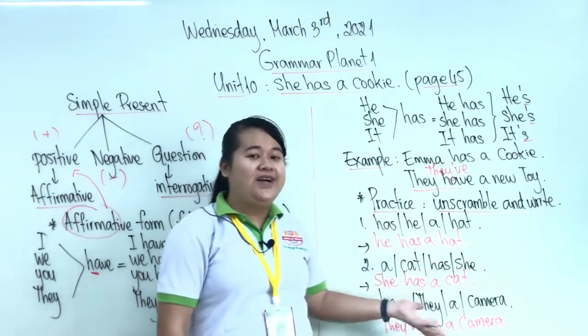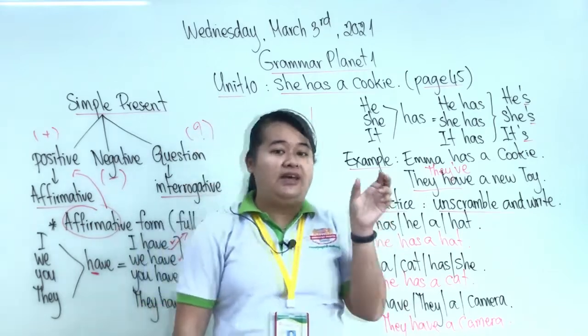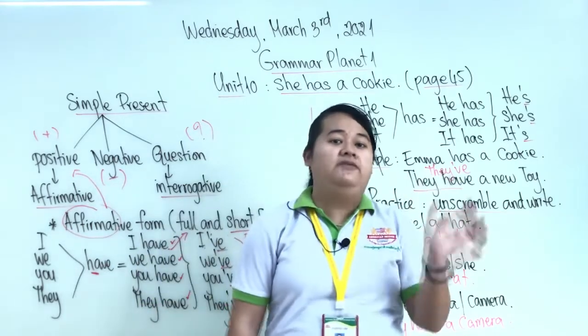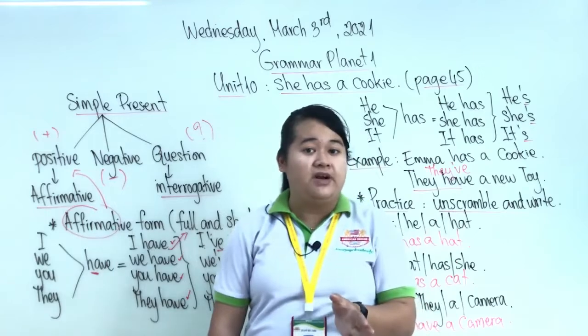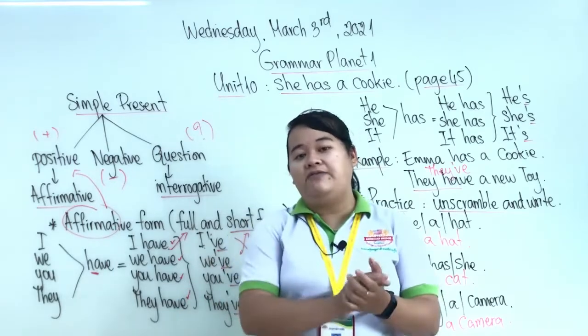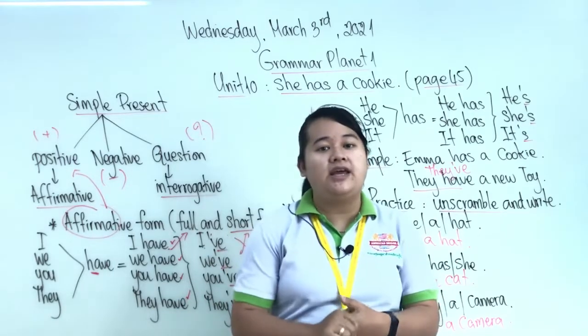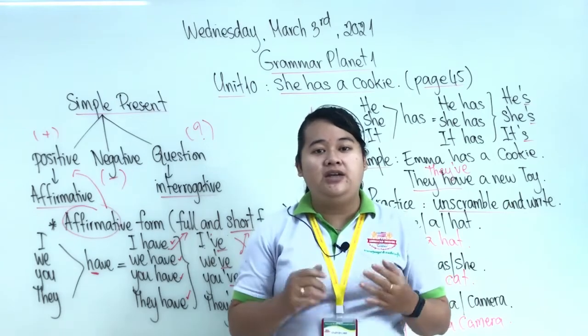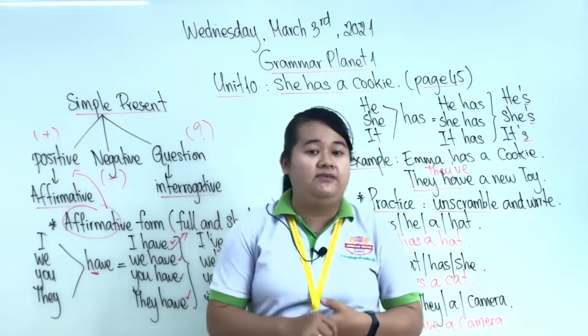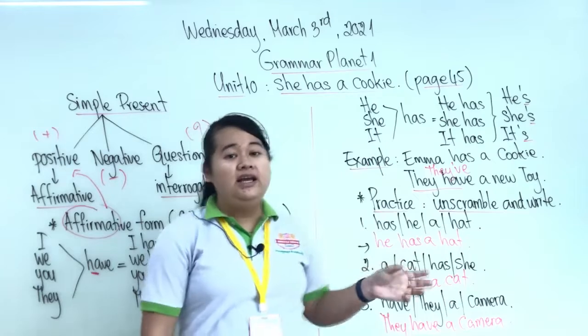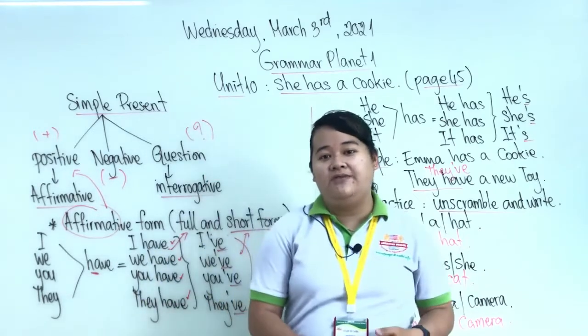So I hope you understand how to use have and has correctly in full form and short form, right? Okay, so now it's time for the exercise for today. Teacher will provide you an exercise related to our grammar for today, where you need to use have and has.